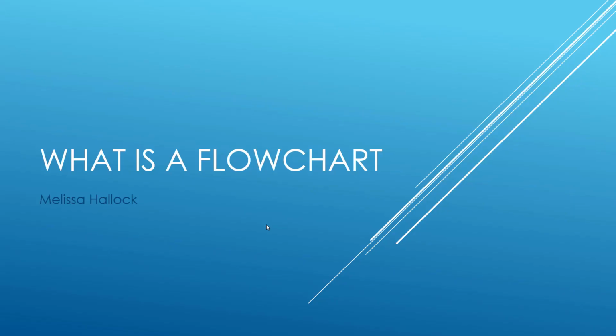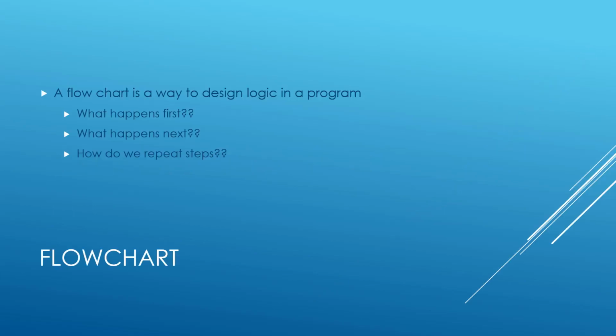Let's talk about flowcharts, because what is a flowchart? A flowchart is a way to design logic in a program. What I mean by that is we have to put certain things in order or they're not going to run properly.